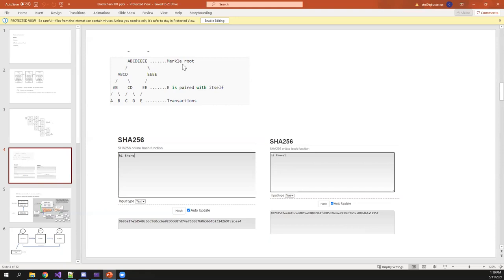The thing to take away from this is, no matter how big this tree is, no matter how many transactions there are, all of these hashes depend on the hashes below it. This hash depends on these two. This hash depends on these two. This hash depends on these two, right? Even if this is 10, 20, 100 levels deep, if I change D just a little tiny bit, this thing changes completely, right?